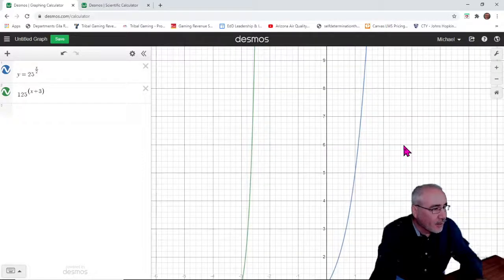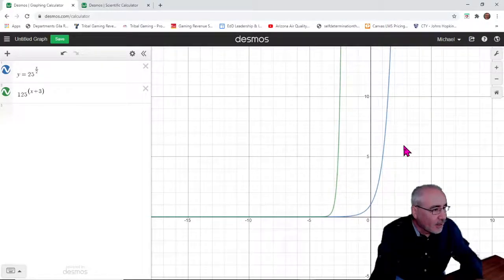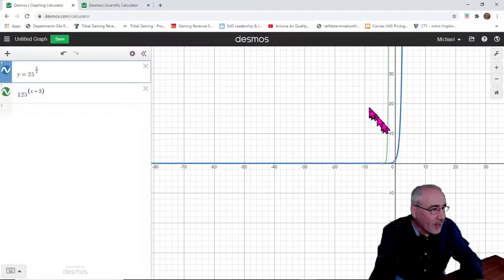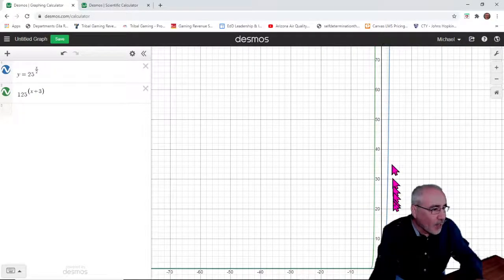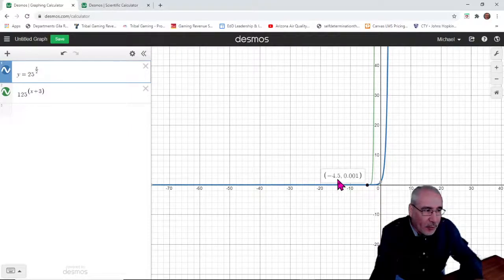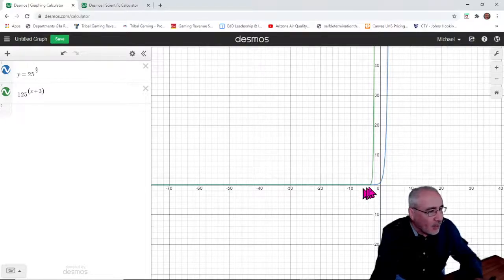Here we go. Where do they intersect? Well, we can see they're both shooting up. Where they're going to intersect is probably back in here somewhere. All I have to do is click on it, and there it shows me right there, negative 4.5 and 0.001. That's where they're equal.